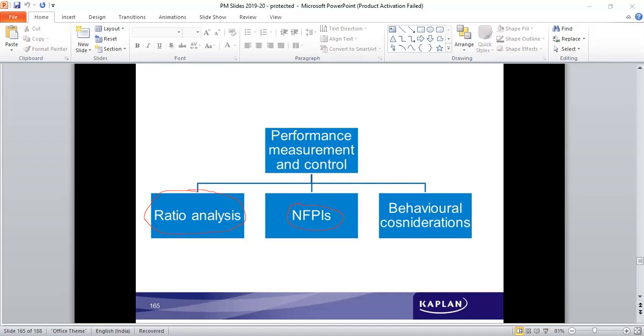A mathematical presentation of various variables in the form of an equation is a ratio. But performance can also be measured in non-financial parameters. So the non-financial performance indicators are the next part we are going to learn.